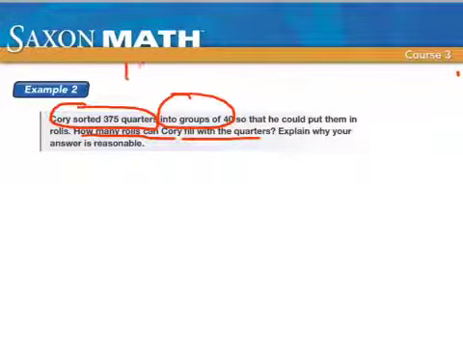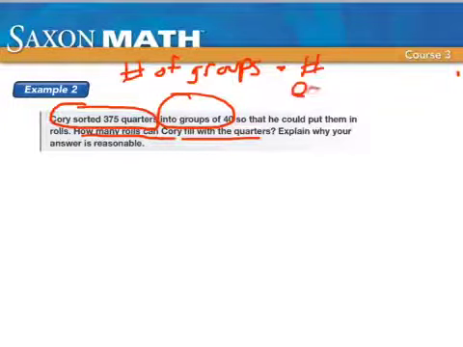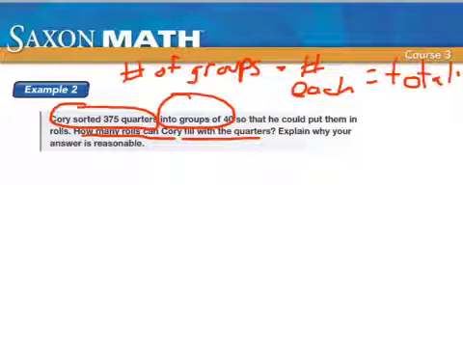So again, we're taking on this format. We've got a number of groups times a number in each group equals our total. We need to write a verbal model by that format. So instead of number of groups, we need to think about what kind of groups we have here. Well, we're grouping into rolls of quarters.